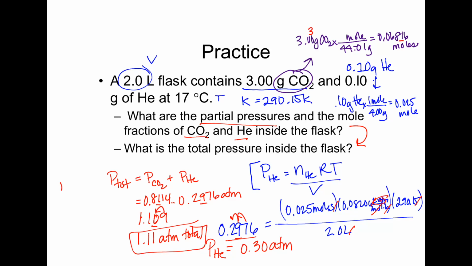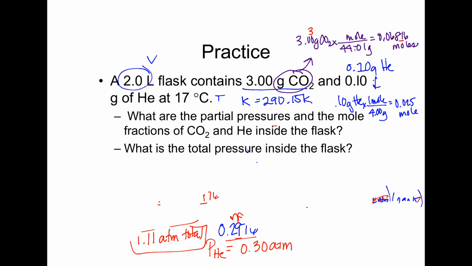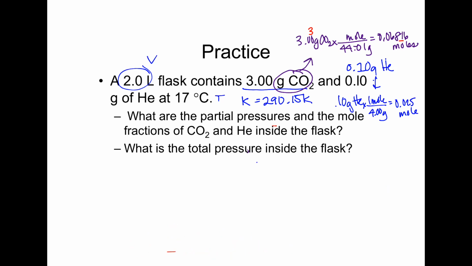So I've been able to do the partial pressures from the first problem and the total pressure. I do want to go back and find those mole fractions of each one of these. And I'm just going to clean up my screen a little bit to make that happen. Okay, so to find mole fractions, we need to know about the moles of each one.